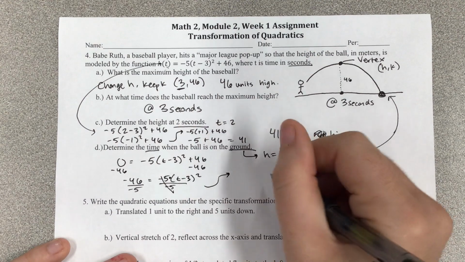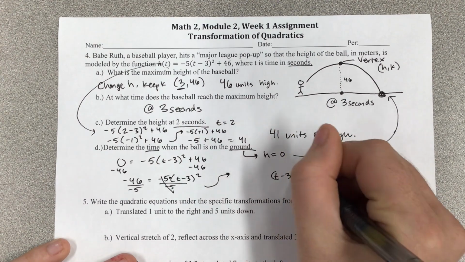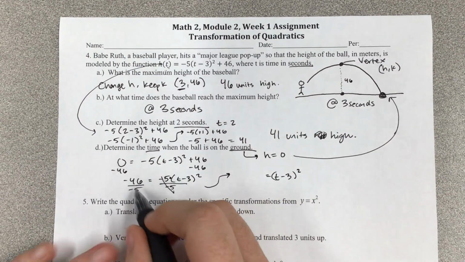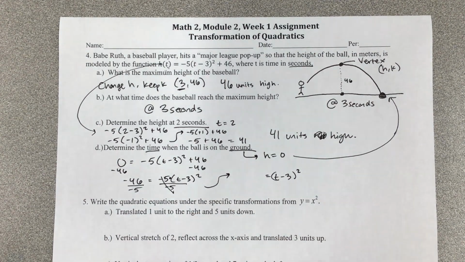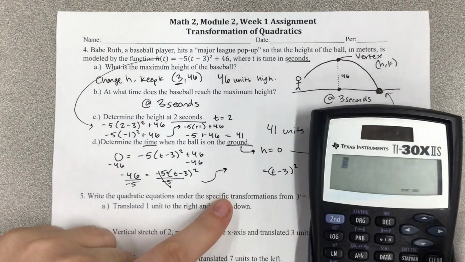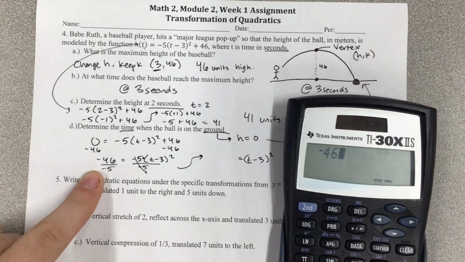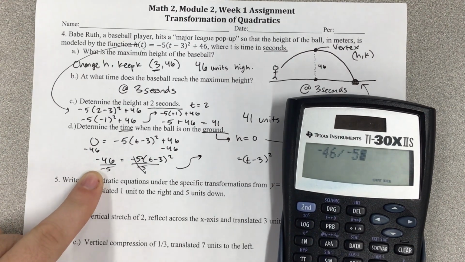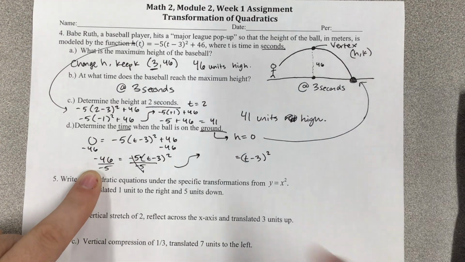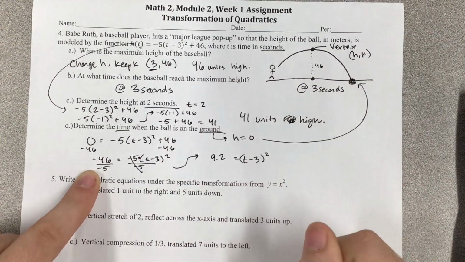Those 5s go away. I'm going to get t minus 3 squared equals whatever this is. You can do some scratch work or grab a calculator. Negative 46 divided by negative 5 gives me 9.2.